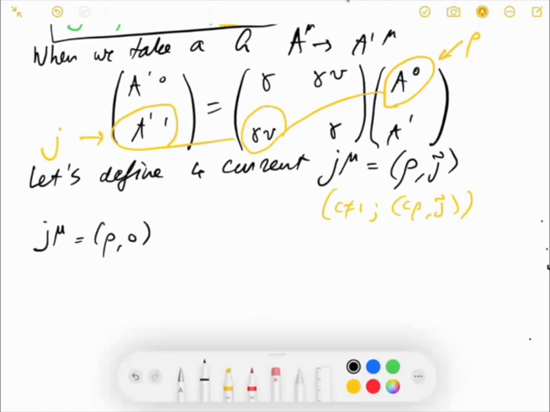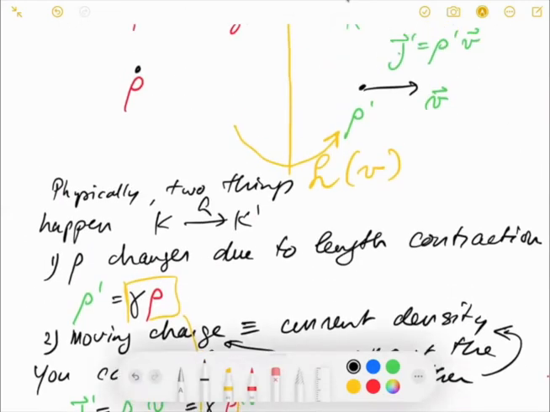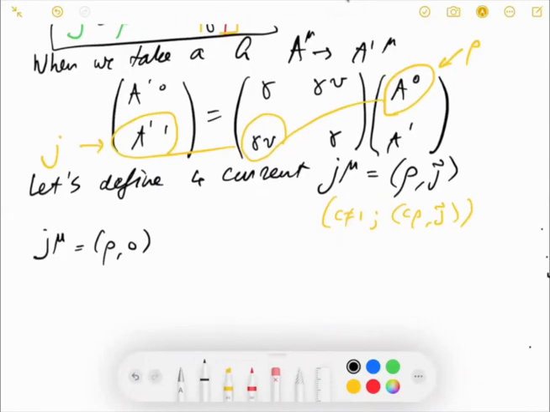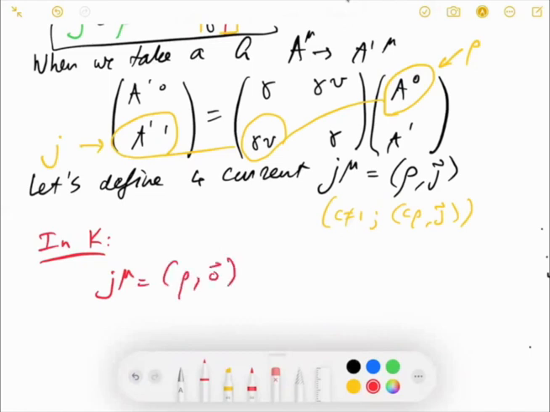That's in K prime. Actually, let me stay consistent. Let me do that in red. So in K, we have J mu, so your rho, and then 0, put a vector over here.